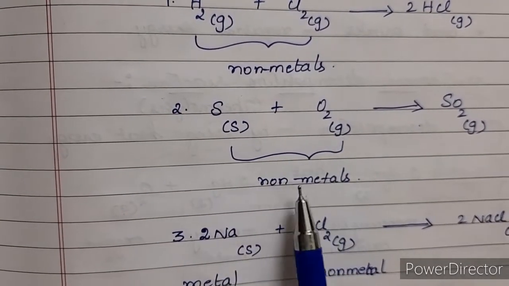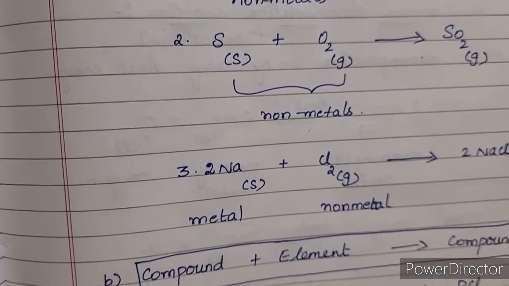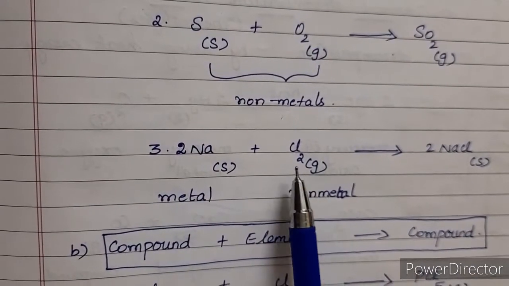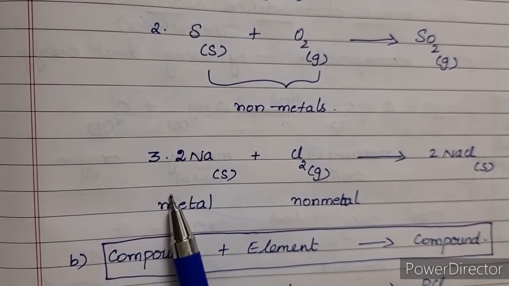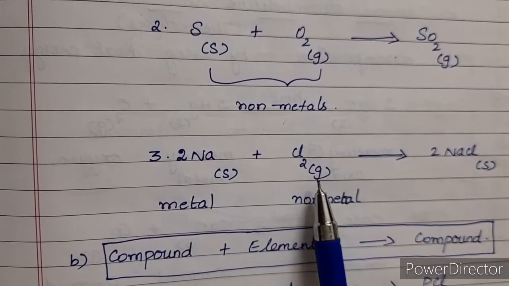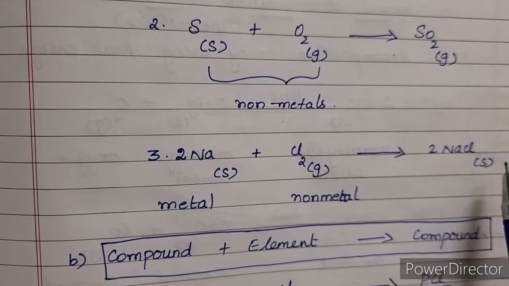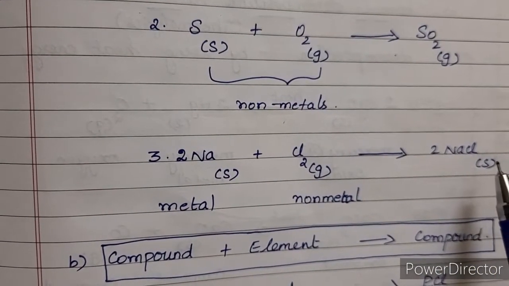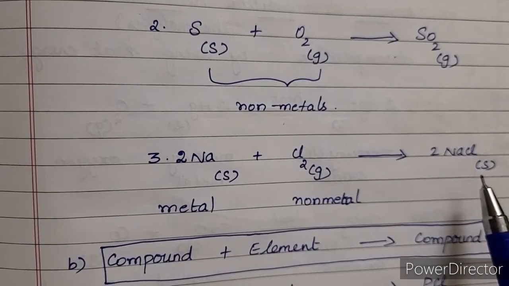That is, both are non-metals to give the compound. Now let's move into the third example. Now here sodium combines with chlorine to form sodium chloride. Now here sodium is a metal, isn't it? And that is combining with a non-metal chlorine to form the compound. Out of these two elements, one can be a metal and the other can be non-metal, or both the elements can be non-metal.